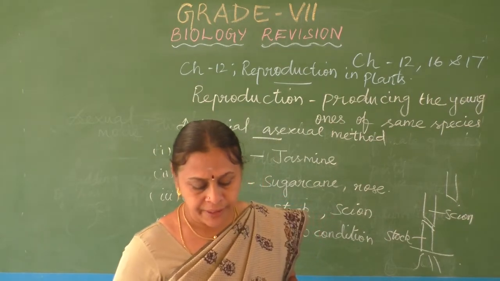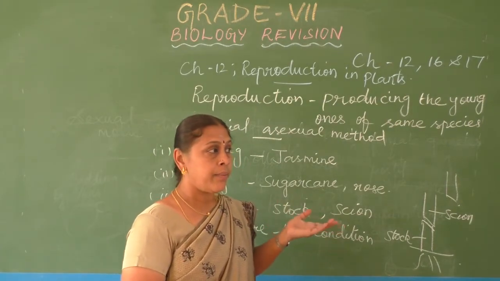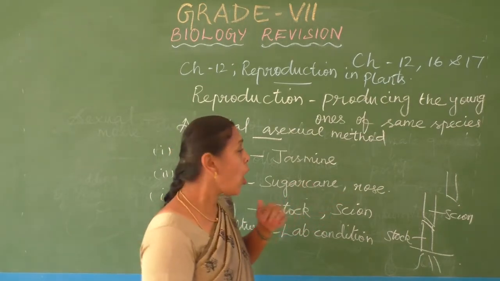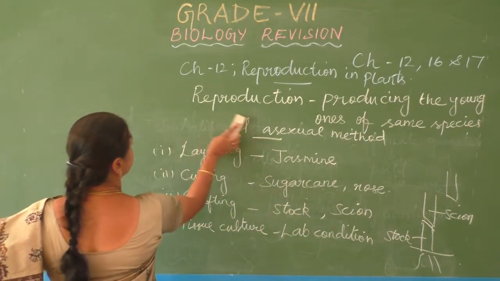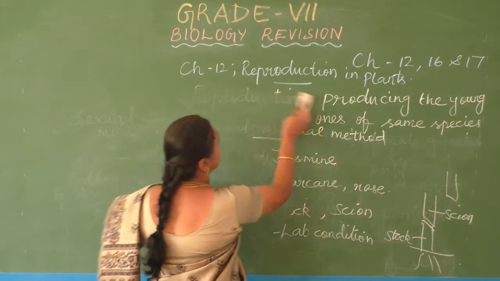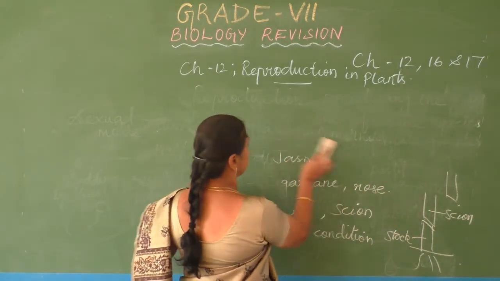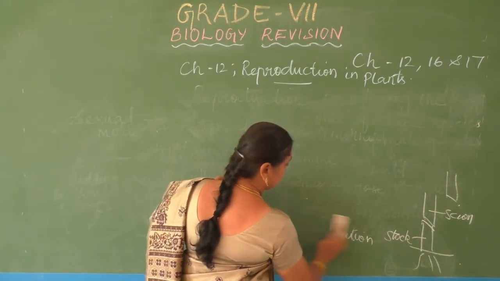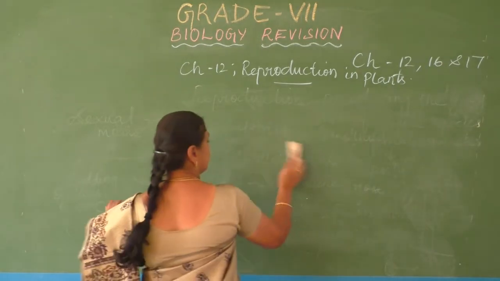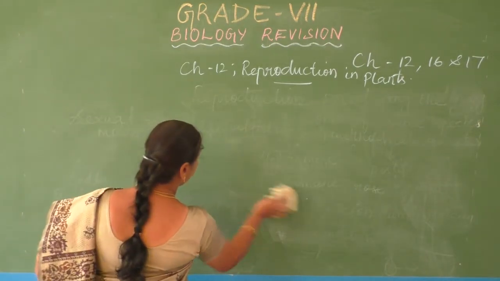Next one, after this, pollination. I explained everything about it. And how does this pollination occur? Pollination means the transfer of pollen grains from the anther to the stigma. Is it not? Transfer of pollen grains from anther to stigma.